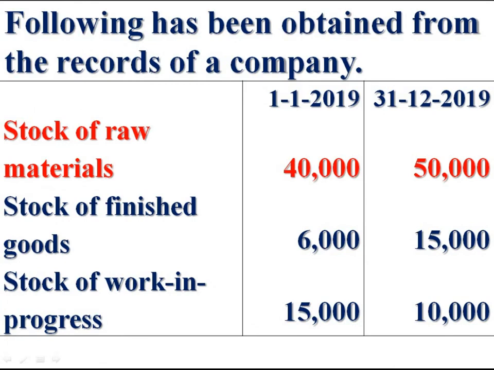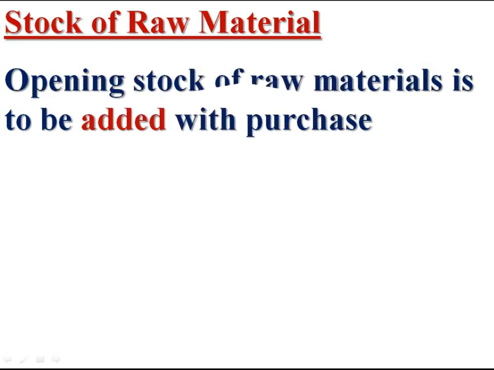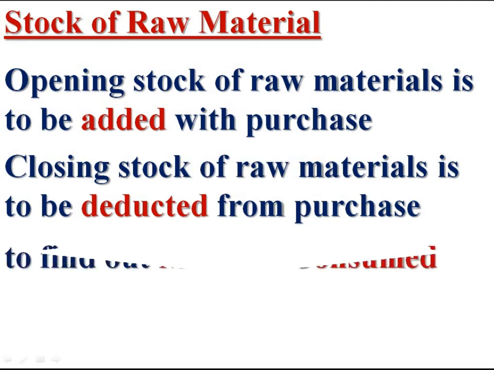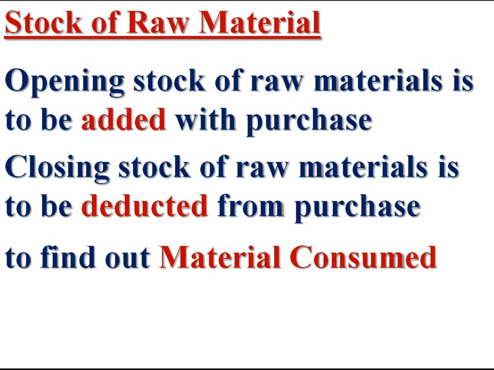First, we are given stock of raw material. We know the stock of raw material is given to find out material consumed. We have to add the open stock of raw material with purchase and deduct the closed stock of raw material from purchase. Then we get material consumed. Material consumed is equal to purchase plus open stock of raw material minus closed stock of raw material.